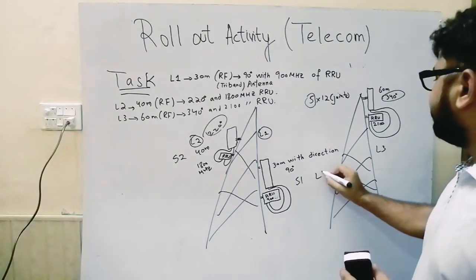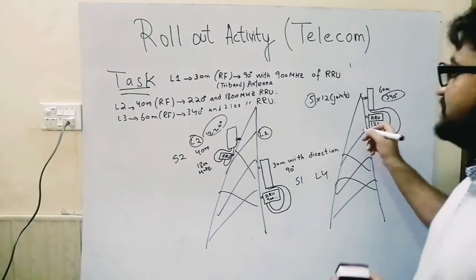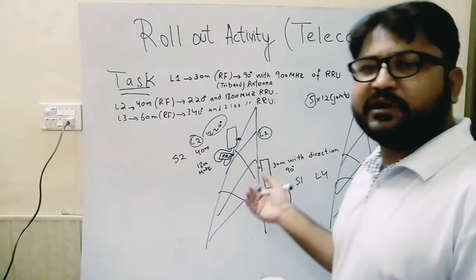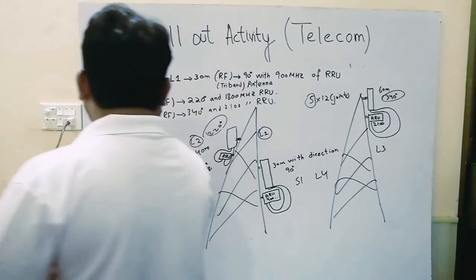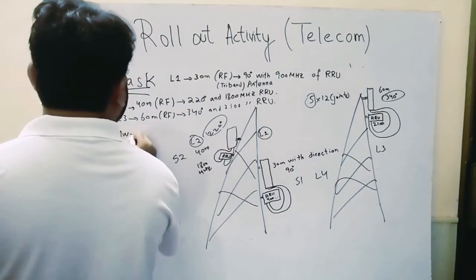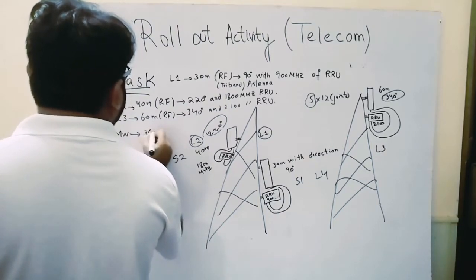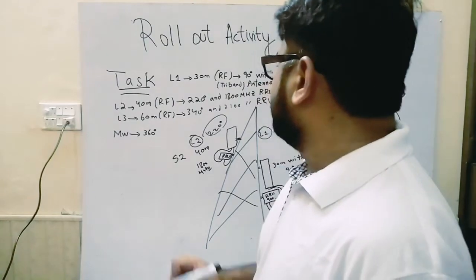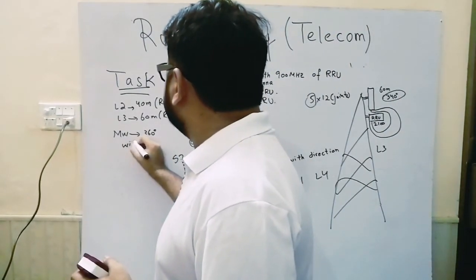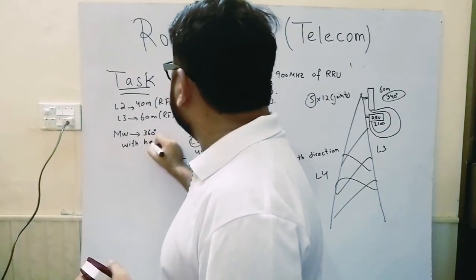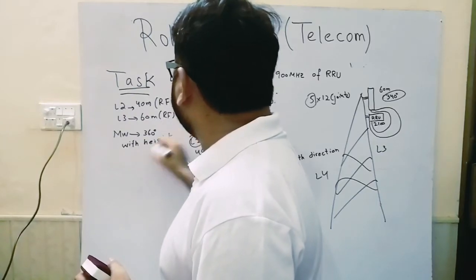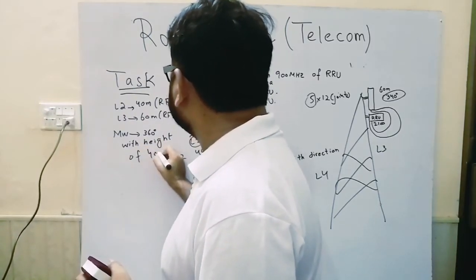Suppose that this is leg 4 and you will install the microwave as per the given layout at 360 degree with a height of 40 meter.